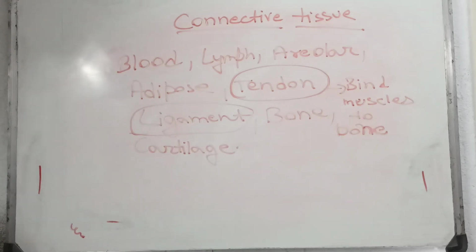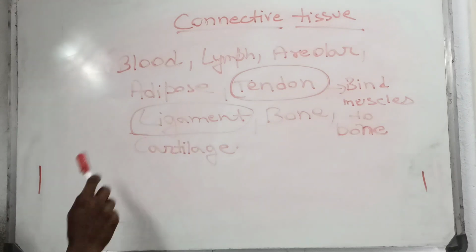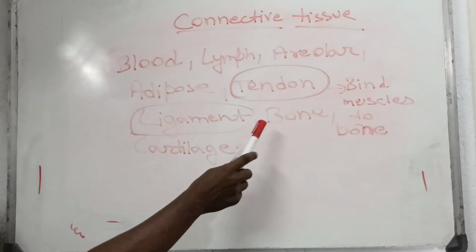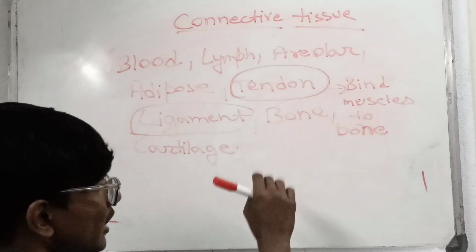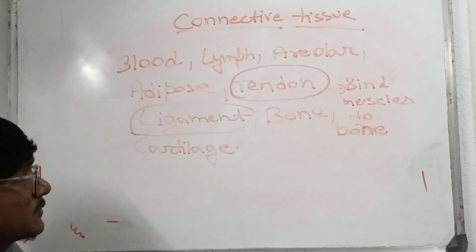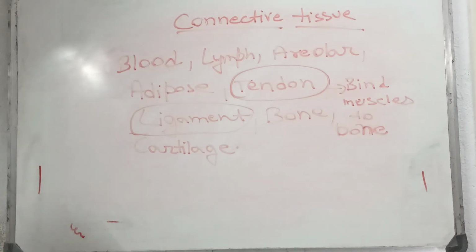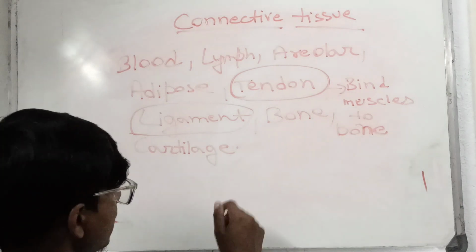Next is the ligament. It binds bone to bone. The bones have joints, and besides that there is another attachment between the two bones with the help of this ligament. Then bone and cartilage. Bone is one of the hard parts of the body. It has some cells, and because of those cells the bone is hard in nature.